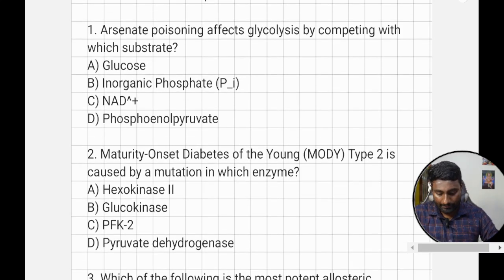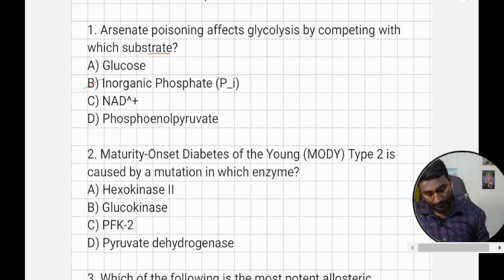You just try it. Arsenate poisoning affects glycolysis by competing with which substrate? See, usually arsenate will inhibit that enzyme by competing with the inorganic phosphate which is present in it. Okay, got it? Now, because arsenate will mimic inorganic phosphate, it will go and inhibit the enzyme.